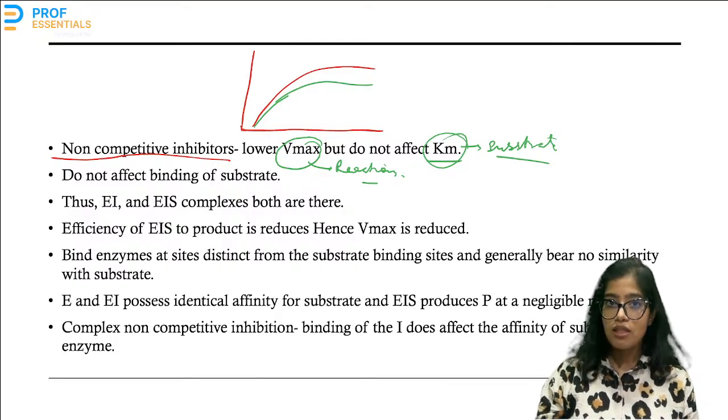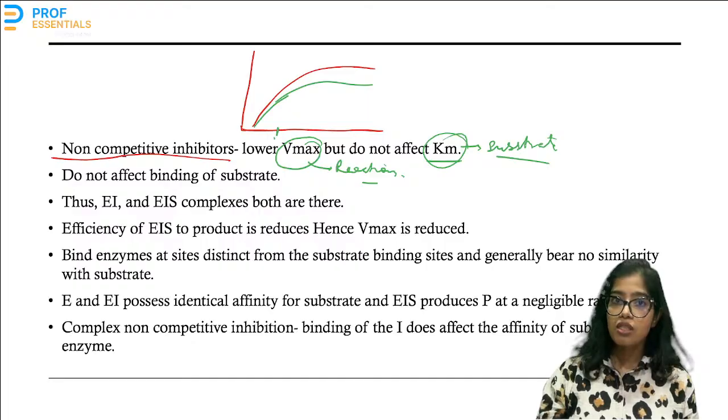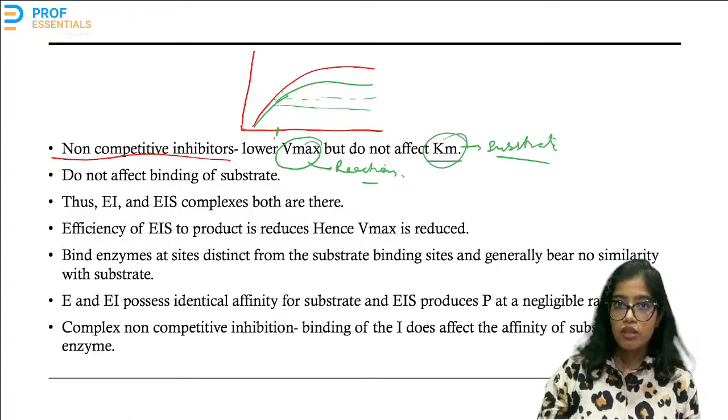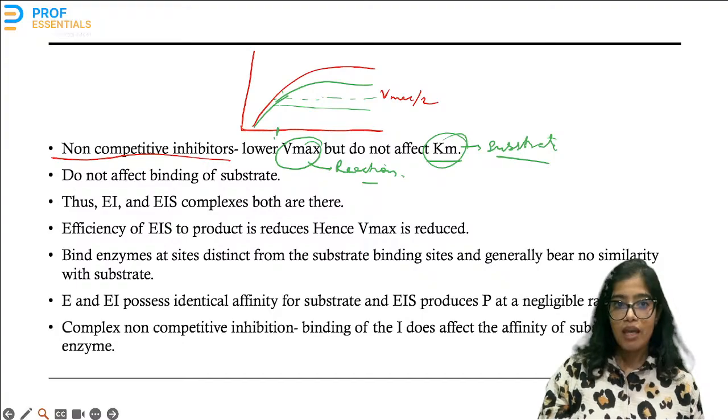Now what happens is, this is the Km, the substrate concentration at which half the maximum velocity is reached. So the Km is the same. This was Vmax without inhibition, Vmax half without inhibition, and this is the half of Vmax with inhibition.